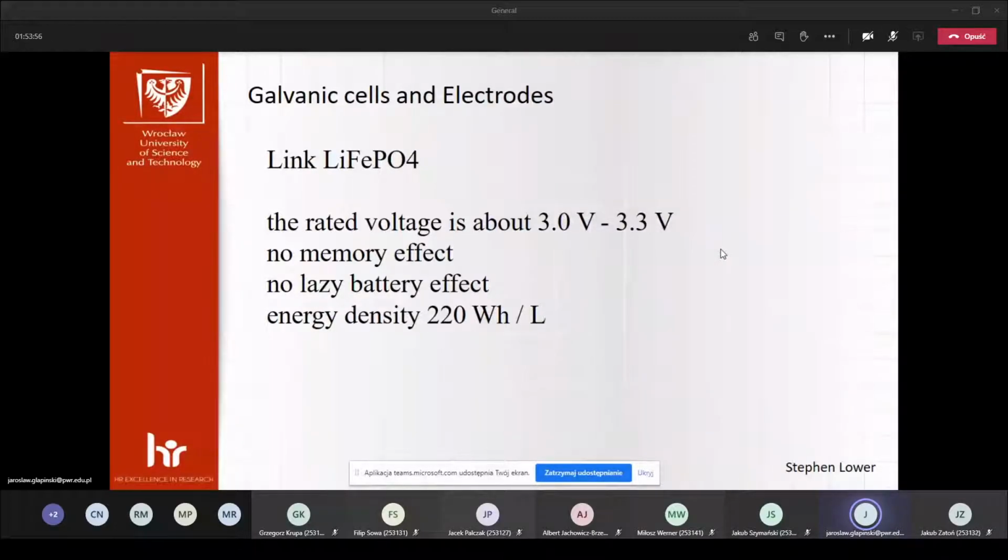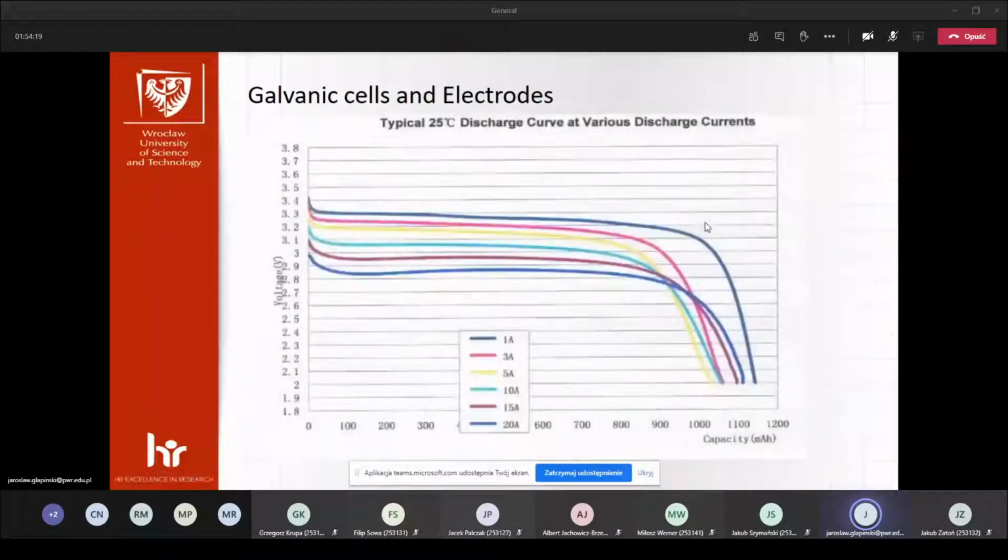But generally, there is another type of battery. This is also lithium, but connected with ferrum. This is the lithium ferrum battery. I like them very much because it's a new solution, and they produce a voltage of 3 to 3.43 volts, so it's a bit lower.